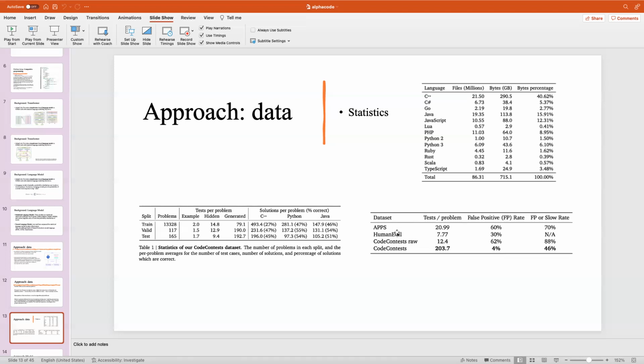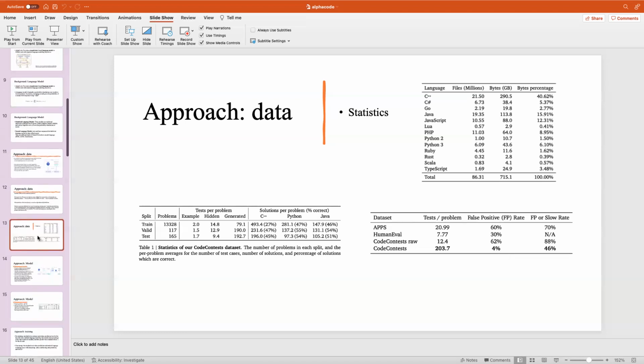And also compared to some existing data sets, they all suffer from the false positive problem. So I'll say CodeContests is like the first high quality competitive programming data set right now.